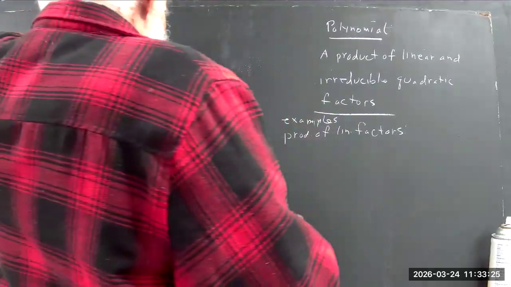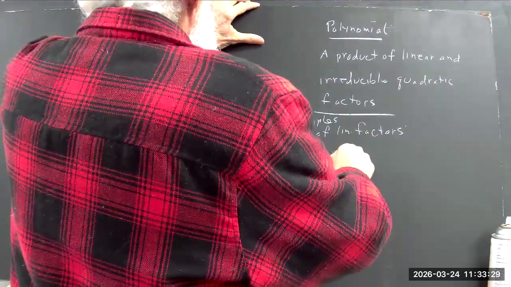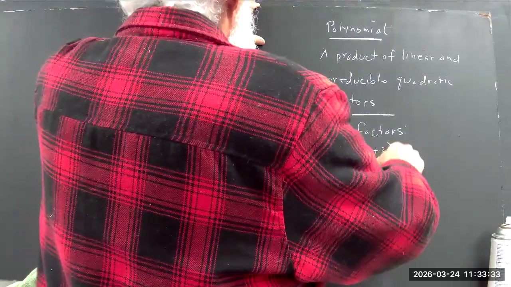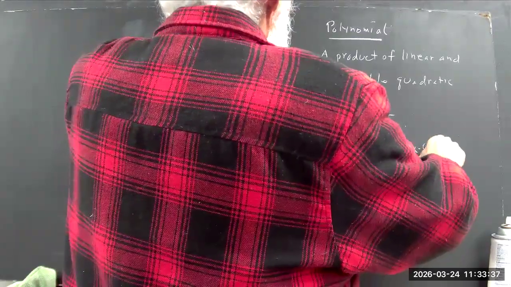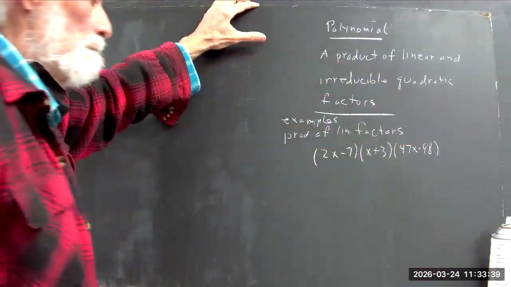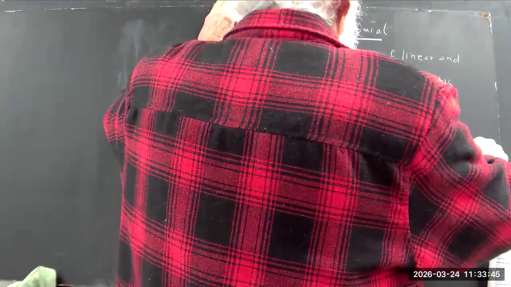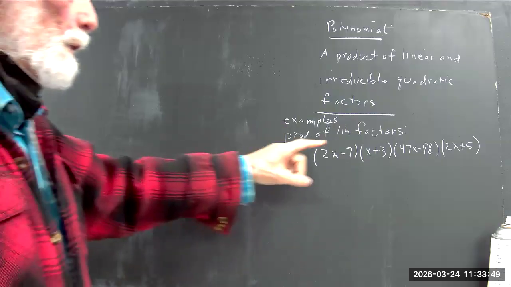I'll do some examples. A product of linear factors could be 2x minus 7 times x plus 3 times 47x minus 98 times 2x plus 5. Okay, these are all linear.